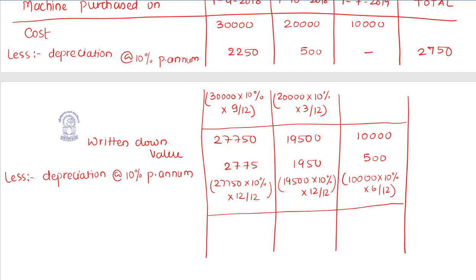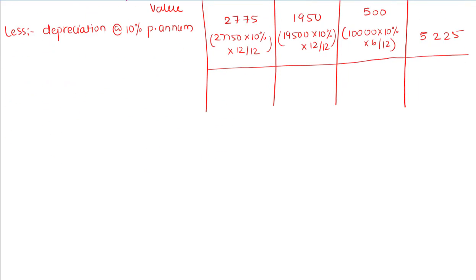Let us do the totals of depreciation. 2775 plus 1950 plus 500 is 5225. Understood? Let us continue.